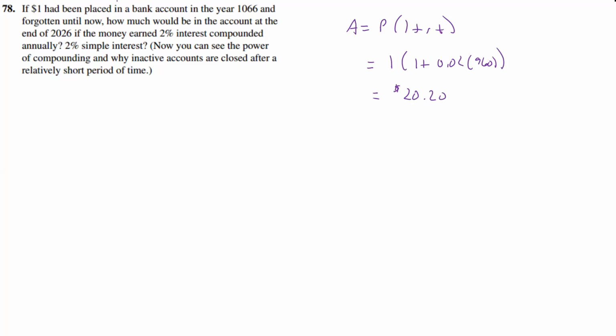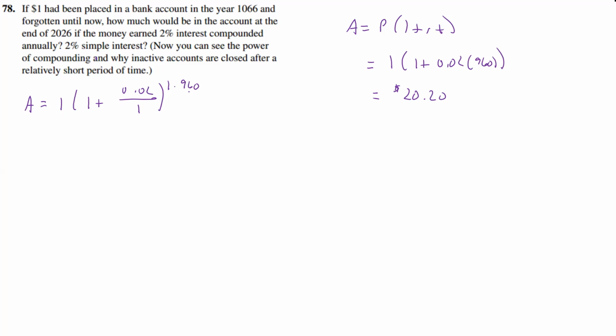What about the other one? Interest compounded annually. All right, so now A equals, we have the principal again as just $1 times, now we have 1 plus the rate, which is 0.02, divided by 1, since it's compounded once per year, annually, raised to the power 1 times 960.